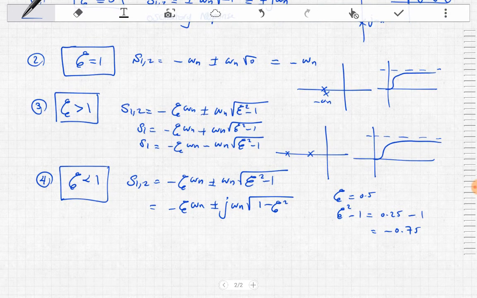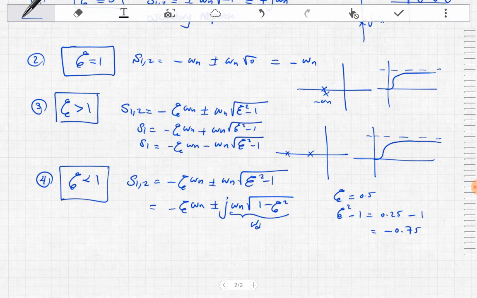That will be complex. That's why when eta is less than 1, you have complex roots. We call this omega d, the damped frequency.